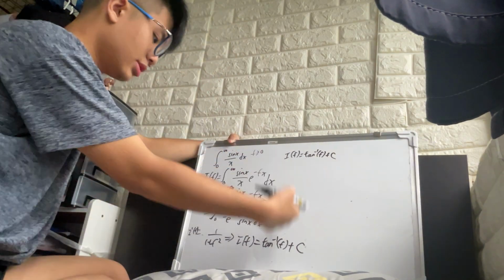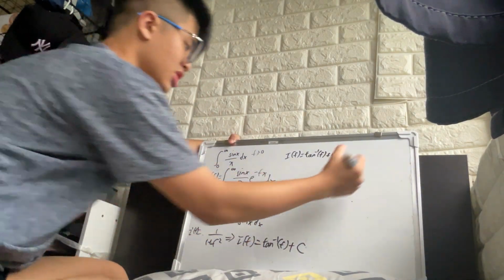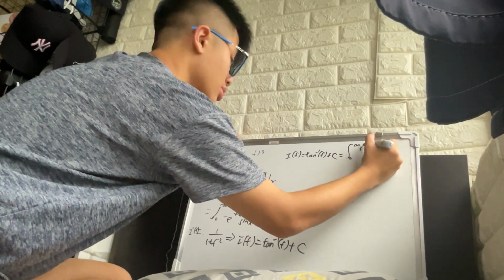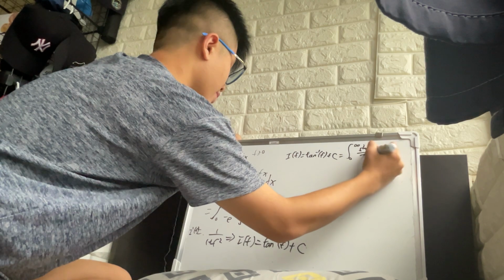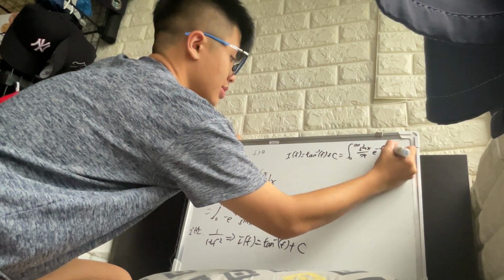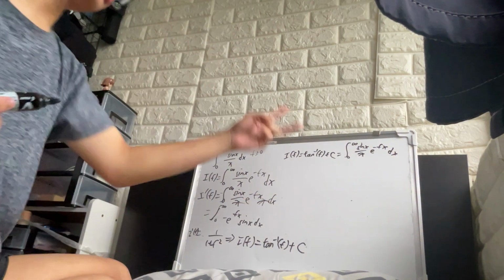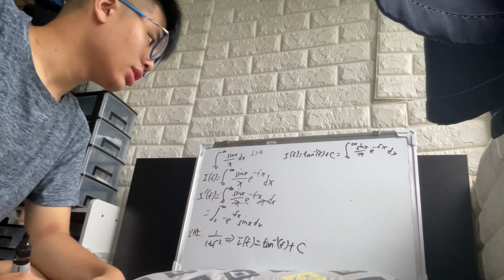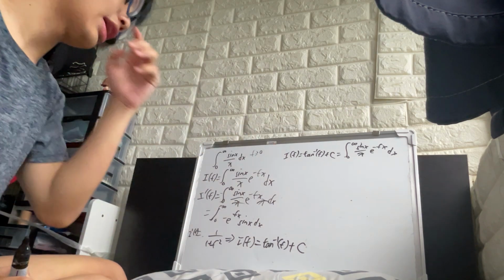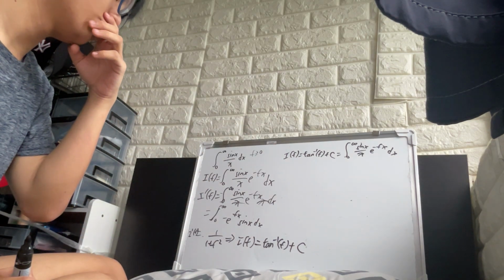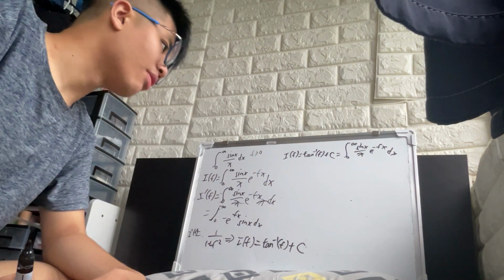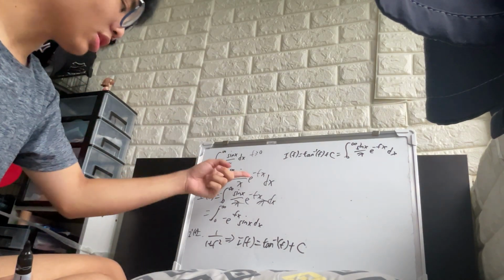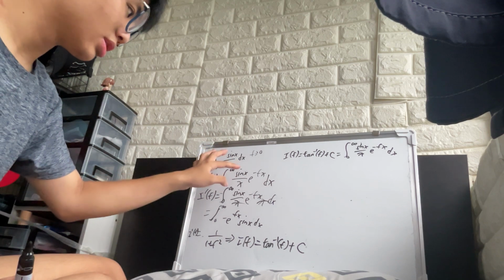Since we know this is equal to the integral of sine x over x times e to the power of negative fx dx, they are equal to each other. So I'm going to figure out what c is, so we can figure out what I of f is. If we plug in 0, this original integral is equal to I of 0.